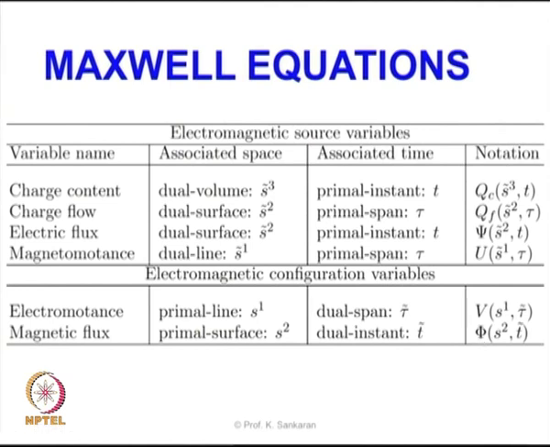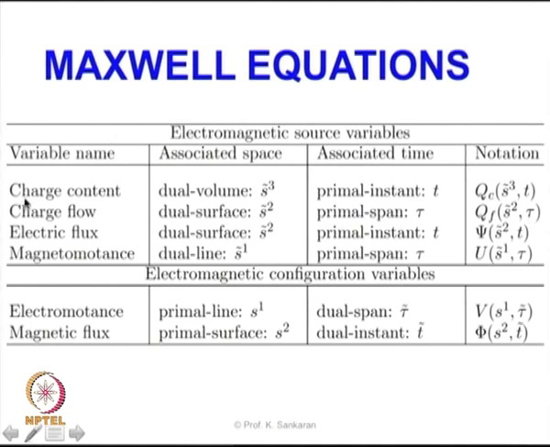What we are seeing now is that all these variables are scalar quantities like I said before, and they have to be associated with a certain spatial orientation and a time orientation. As you can see, the charge will be oriented with the dual volume and the primal time instant. Likewise, the charge flow will be oriented with the dual surface and the primal time duration.